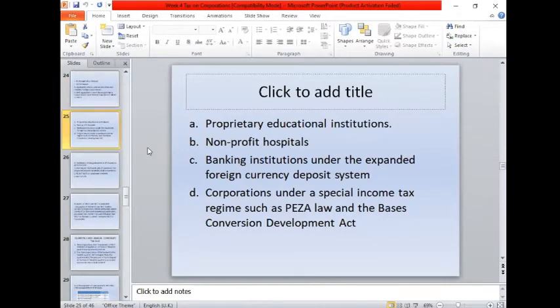The proprietary educational institutions, the private school which is owned by a corporation, and then the non-profit hospitals are not subject to minimum corporate income tax. Also, the banking institutions under the expanded foreign currency deposit system, and the corporations under a special income tax regime under the PEZA law, or the Philippine Economic Zone Authority, and the Bases Conversion Development Act.